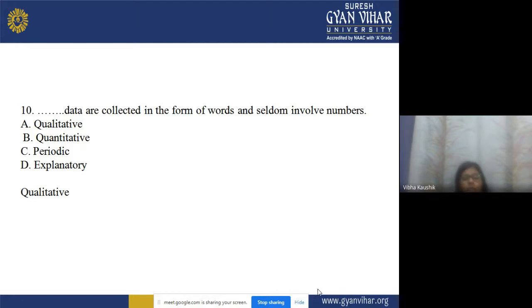Now these are the options and you have to select the correct one, and the correct one is option A, that is qualitative data is collected in the form of words and seldom involves numbers.